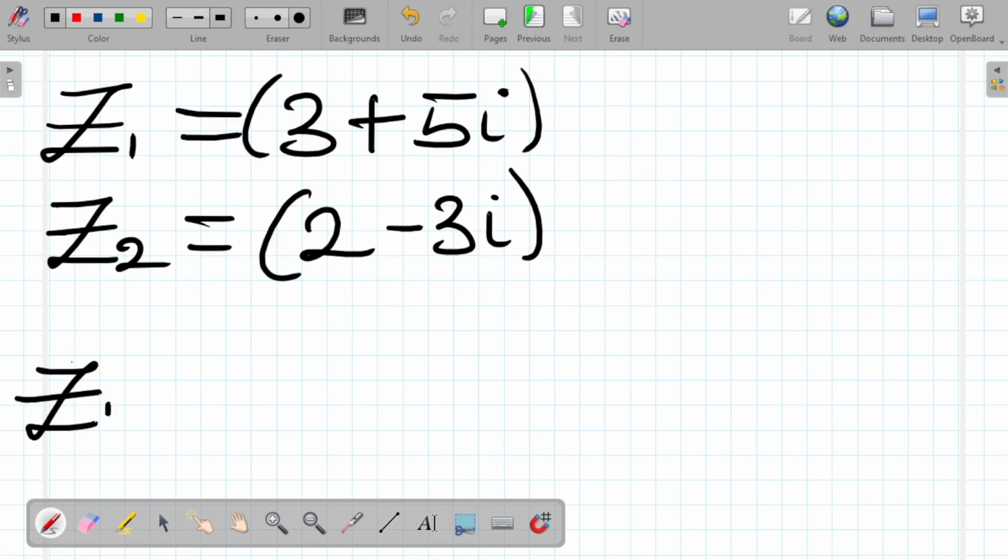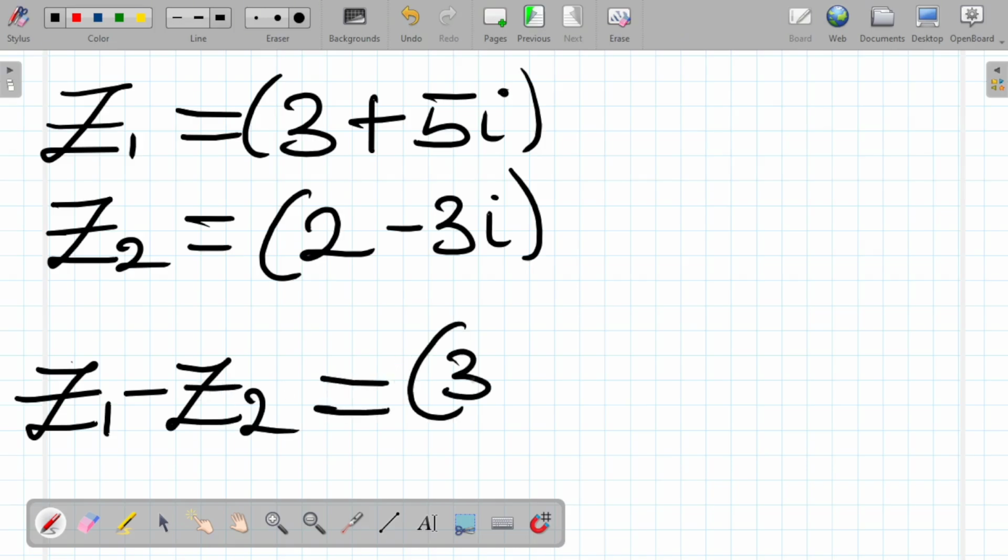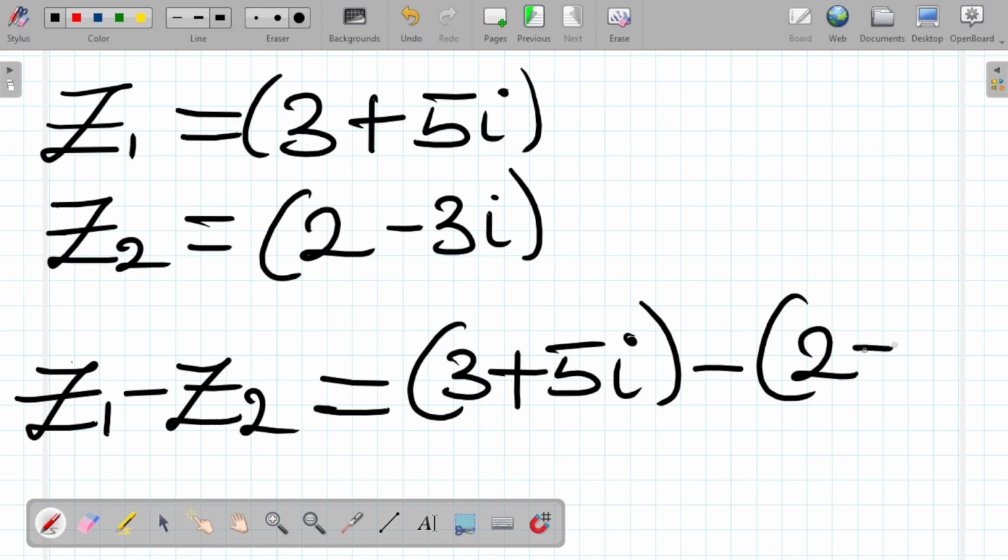So therefore, z1 minus z2 is equal to (3 plus 5i) minus (2 minus 3i).